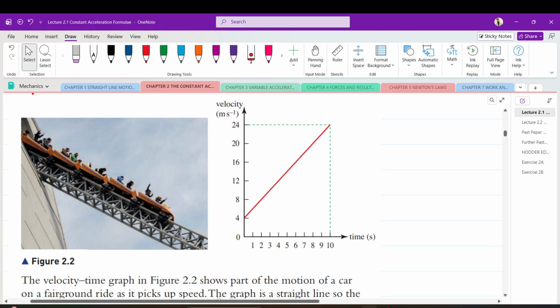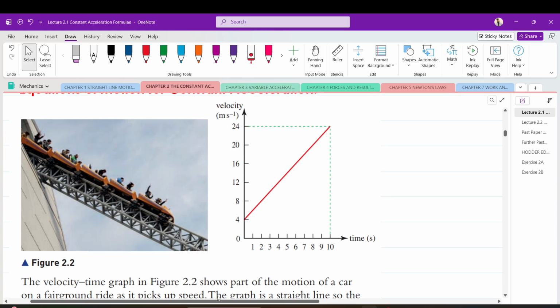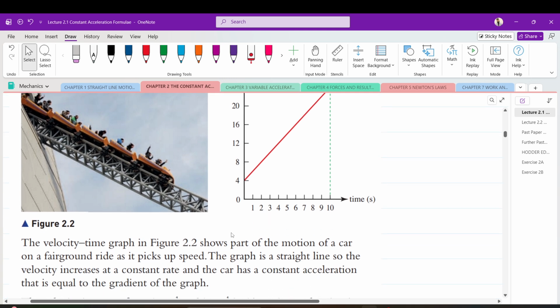Even in IGCSE mathematics as well as O level mathematics, we studied that if you have a speed time graph, the gradient of that graph gives you the acceleration. So if I select these two points, (0, 4) and (10, 24), I can work out the gradient of this line, and that gradient will be equal to the acceleration.